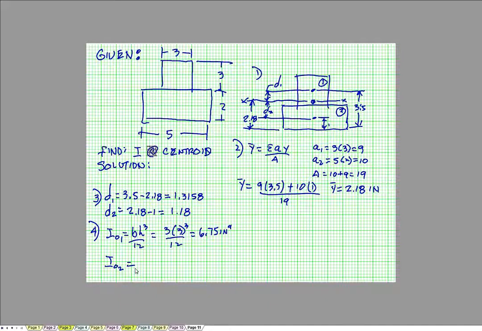The other one, base is 5 inches, the height is 2 inches, cubed, divided by 12, running out of room down the bottom. And that equals 3.3 inches to the 4th. Step number 5, calculate our composite. And remember, that is I equals the summation of I sub O plus area times distance squared.